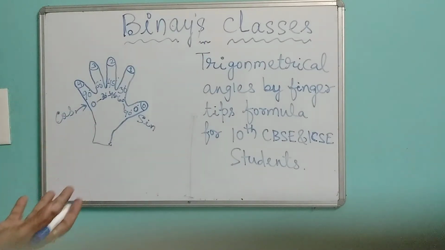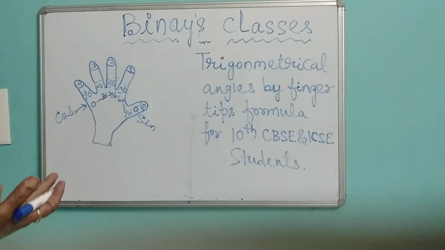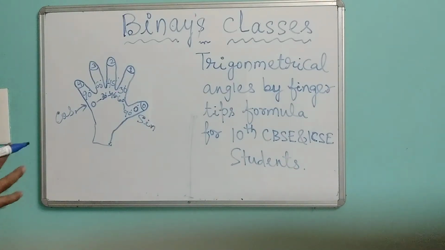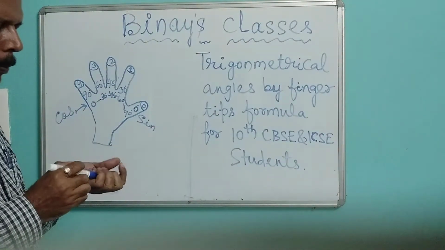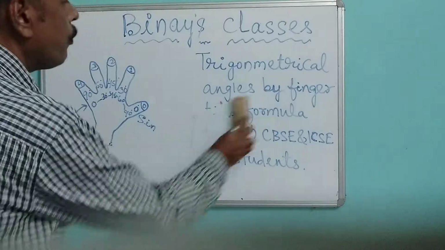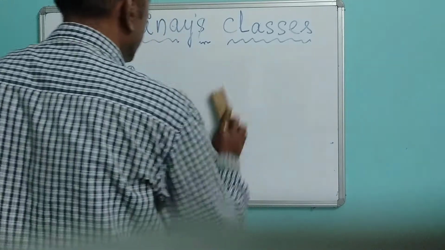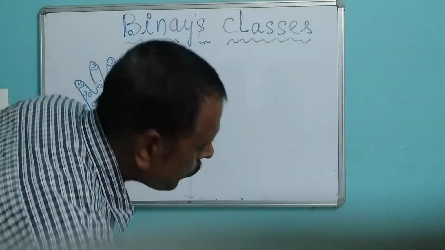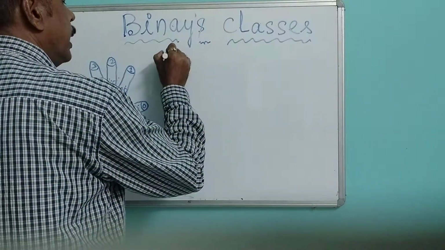So taking all these, we will calculate using our fingertips magic formula, and you will get a clear concept, and you will remember it. You will calculate all the angles by getting the values of sine and cos first. Let us start from sine. Sine 0 degree.